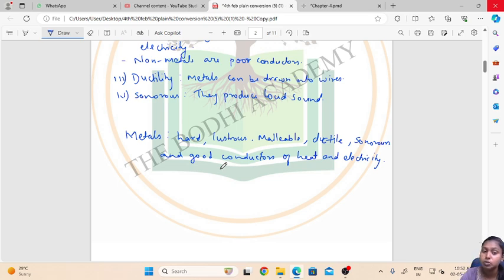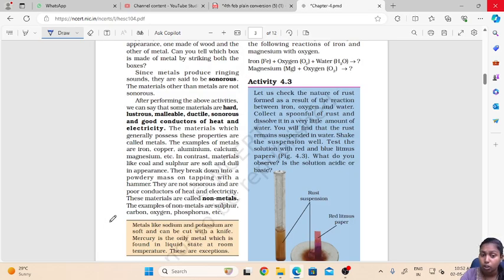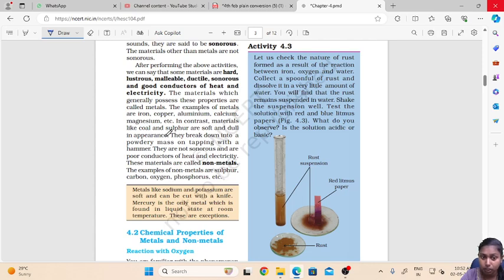So the materials which possess all these properties are known as metals, whereas non-metals, they are not sonorous, they are poor conductors of heat and electricity. They break down into powder or mass on tapping with a hammer.